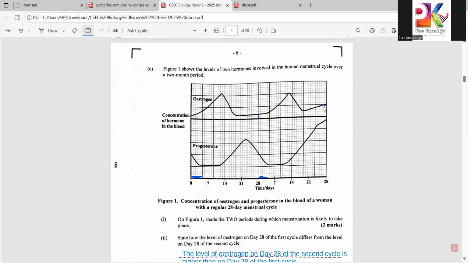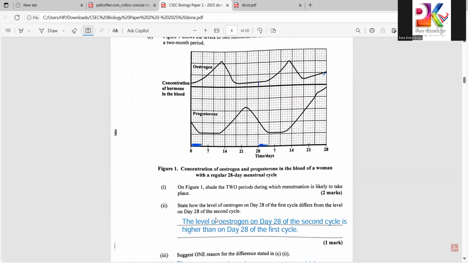We can see that the estrogen level is higher in the second cycle than in the first cycle. So the level of estrogen on day 28 of the second cycle is higher than on day 28 of the first cycle. Going good so far, guys, because you're just analyzing.